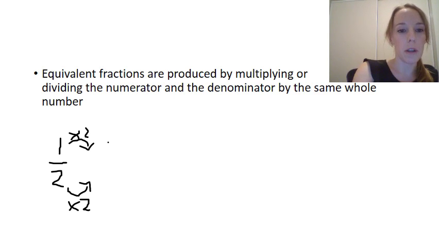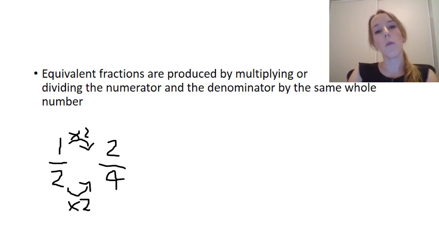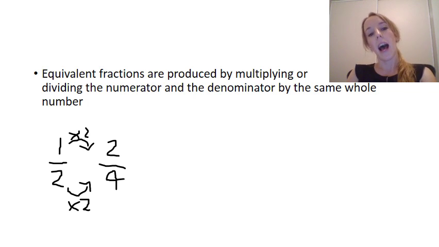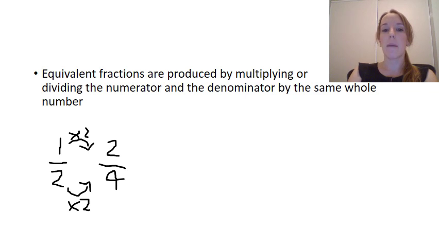So 1 times 2 is 2, 2 times 2 is 4. So you can see 1/2 and 2/4 are equivalent fractions. So they represent the same amount and they're produced by multiplying both the numerator and the denominator by the same whole number. And as it says there, we can also do the same with division.